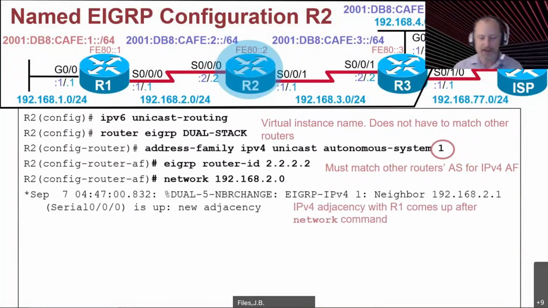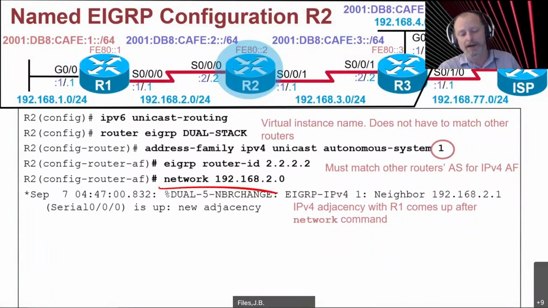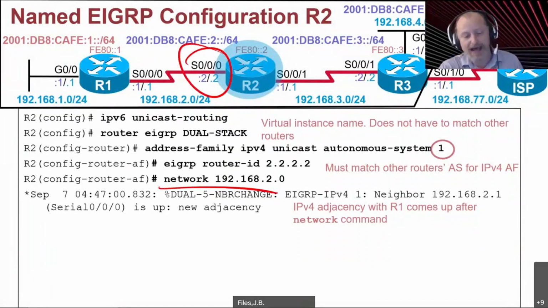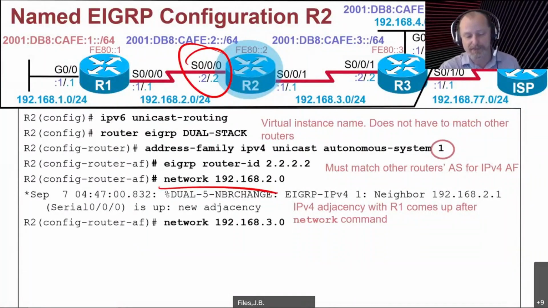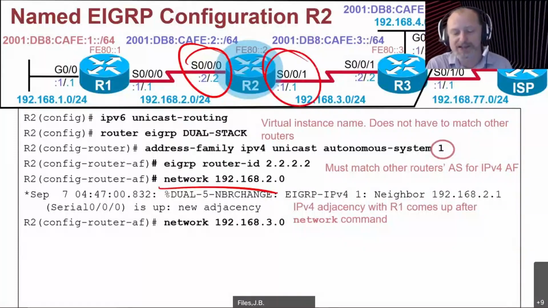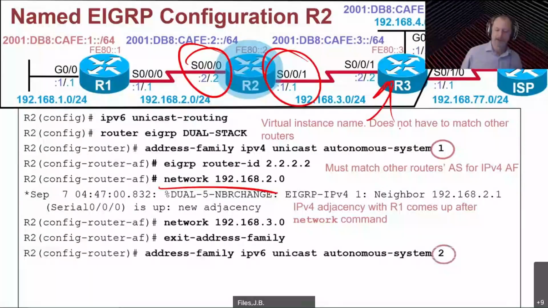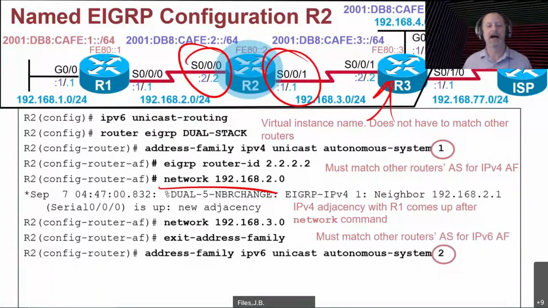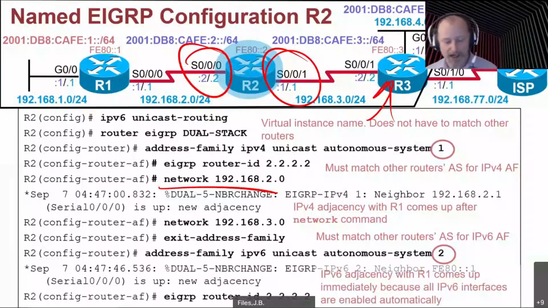Now at this point, this network command for IPv4 made that start to participate. And so then we get an adjacency. Then when this one participates, we don't have an adjacency yet because R3 hasn't been configured. Okay. We go IPv6 address family, autonomous system 2, router ID.